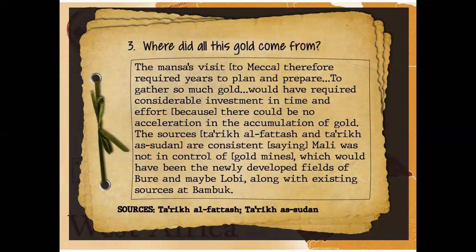Here we have another source to help us answer question number 3. And at the bottom, we see that this primary source document, this excerpt of text, comes from Tarikh al-Fattash and Tarikh as-Sudan, those two major histories of Timbuktu and the Sudan that we have seen cited earlier in our investigation.